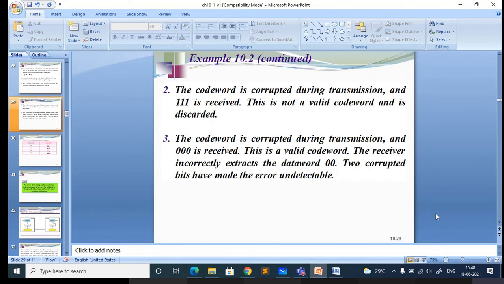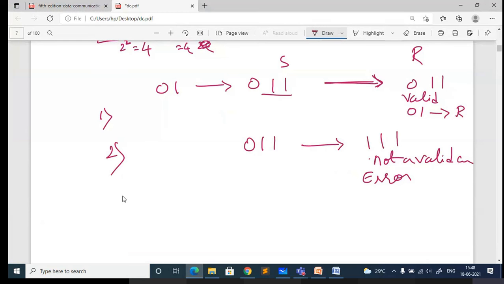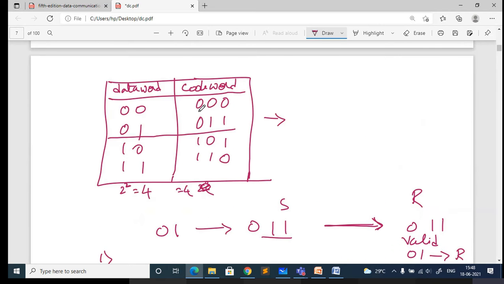The next case: maybe the code word is corrupted during transmission. Now the third case. Even though the sender sent 011, consider it is received as 000. Is this 000 in the table?